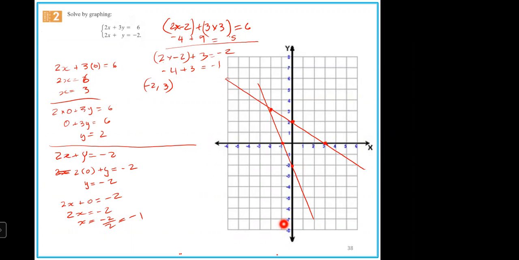But whatever answer you get, it should work for both of the equations. I don't know if any of you were able to graph it. Anybody graph it and get a more accurate response?